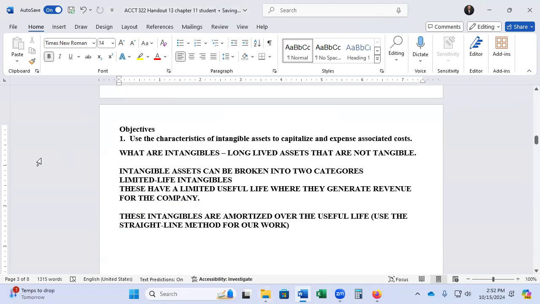So what are some factors in determining the useful life?